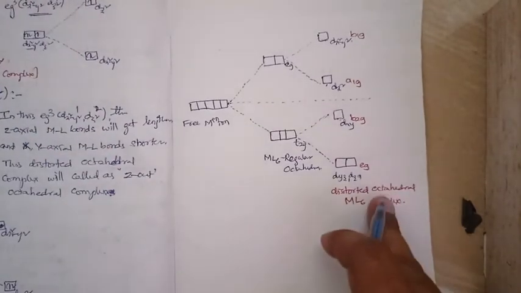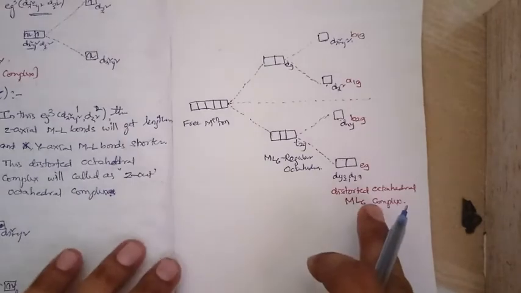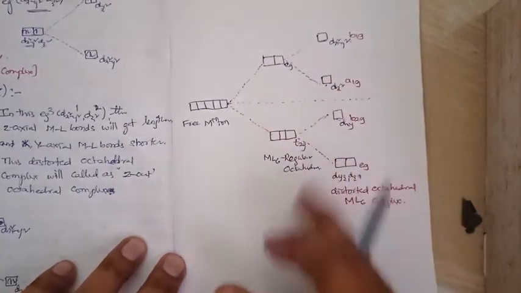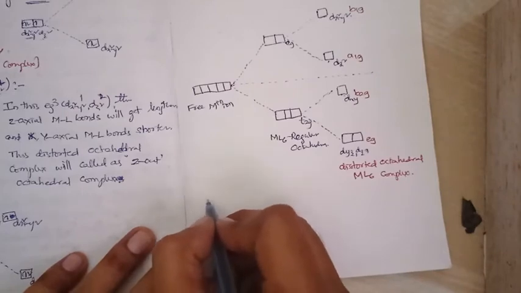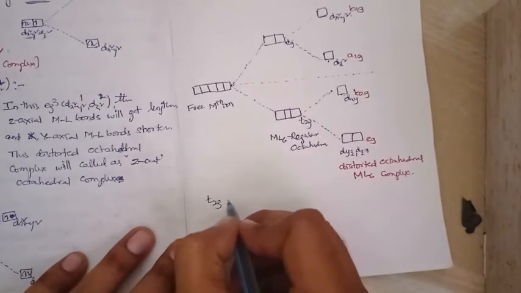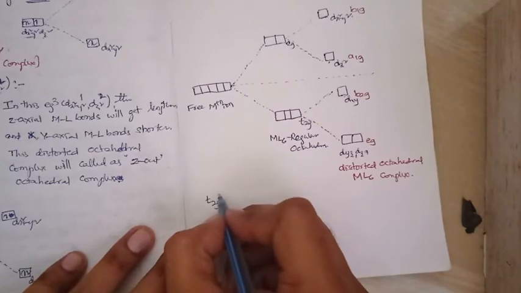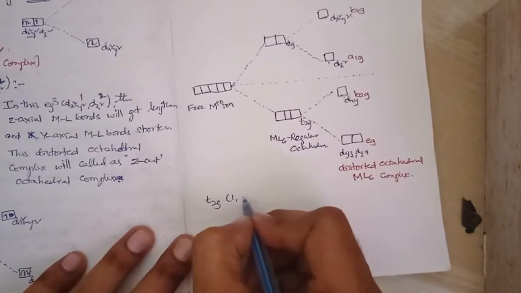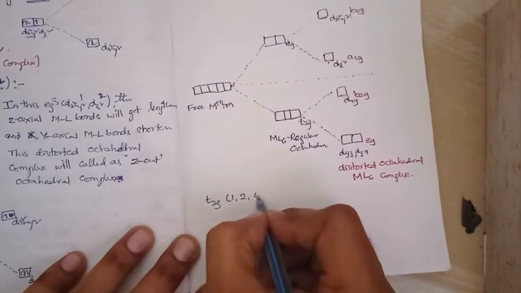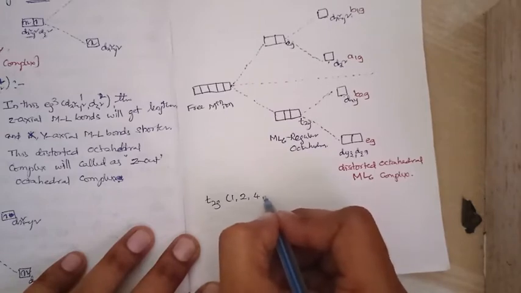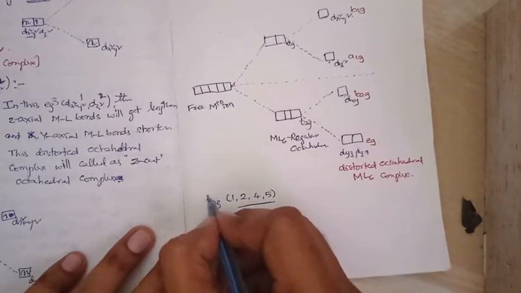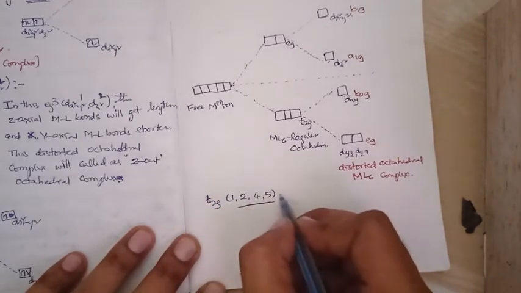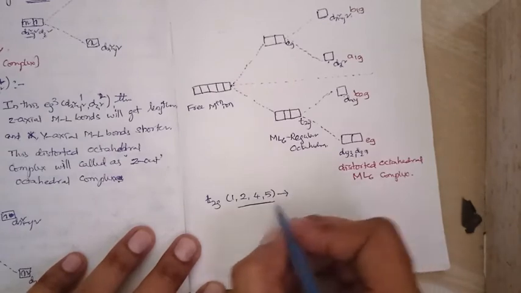Distorted asymmetrical electronic configurated complexes will have such a splitting pattern. Asymmetric electronic configuration arises when there is T2g1, T2g2, T2g4 or T2g5. When these electronic configurations exist in the T2g energy state, it would be distorted.